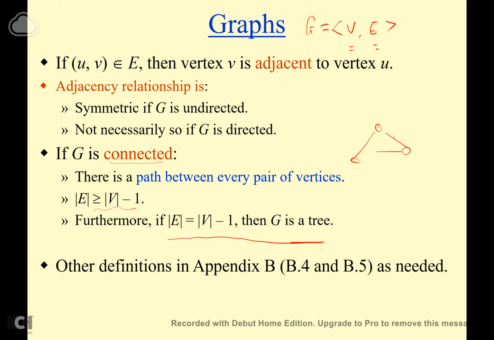If there is no cycle and we connect n vertices, you only have n minus 1 edges connecting the n nodes, because in a tree every two nodes have exactly one path, not more than one. So we use n minus 1 edges to connect n vertices.